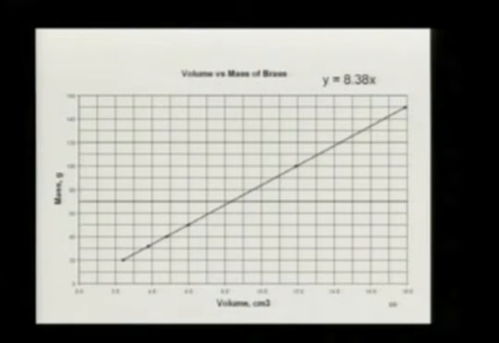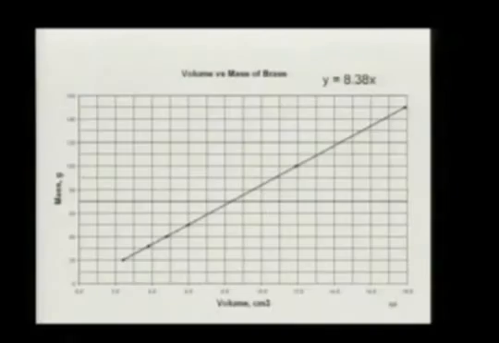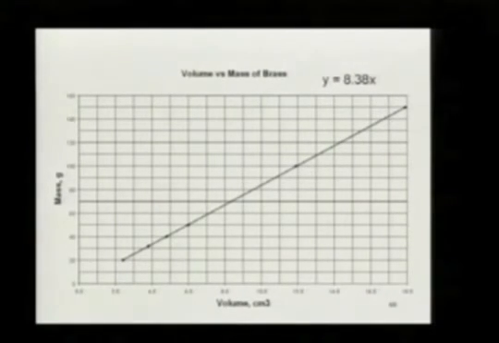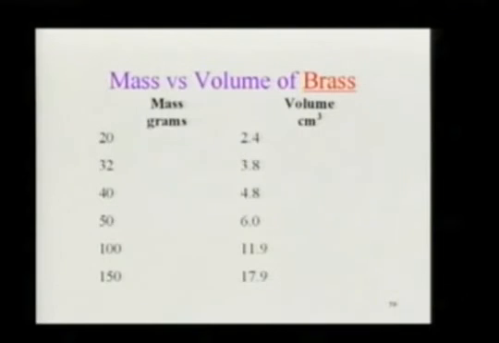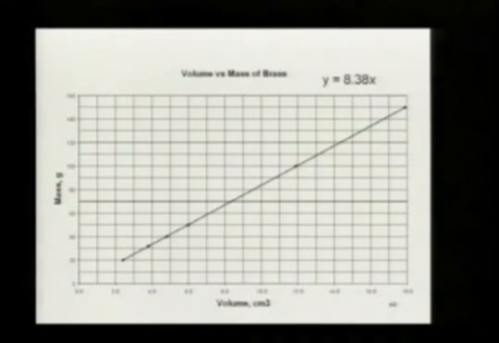Because what happens is, if you plot that, and you should have made graphs before, notice the volume here at the bottom on your x-axis and mass on your y-axis. So if you use these numbers, put this along your x-axis, put this up your y-axis, and meet the points and make a line graph, or just connect the dots, it ends up being a straight line. What you will see is that it forms a really nice line.